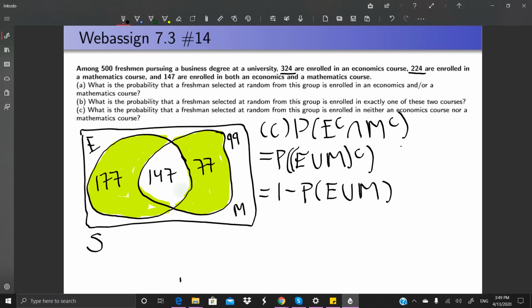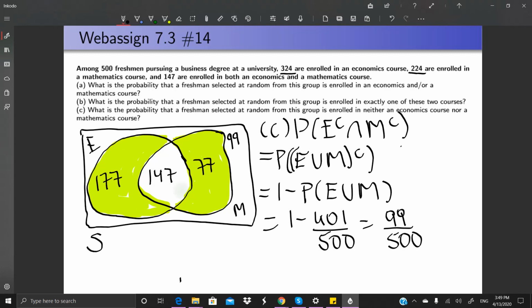We know what the probability of E union M is because we found that in part A, and it was 401 over 500. So we want to do 1 minus 401 over 500, which we know is 99 over 500.